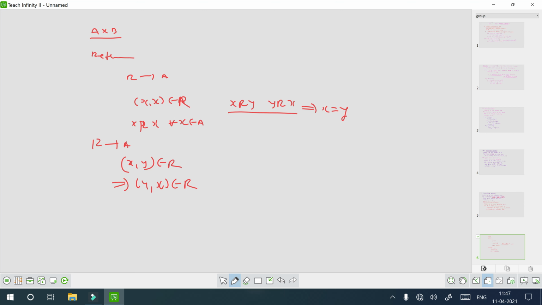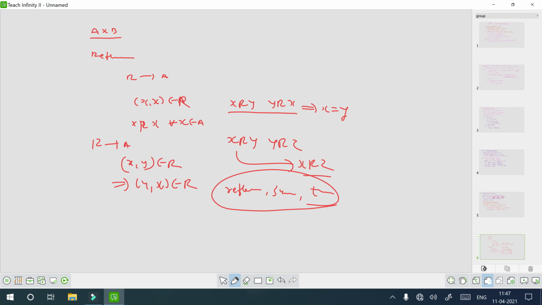Clear? Now xRy, yRz implies xRz, then that relation is a transitive relation. Any relation that is reflexive, symmetric and transitive is called an equivalence relation. Clear? Up to this stage we have seen this.